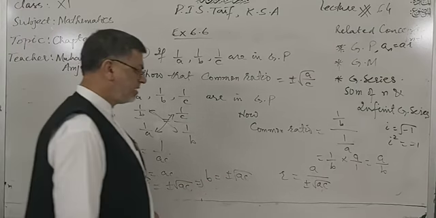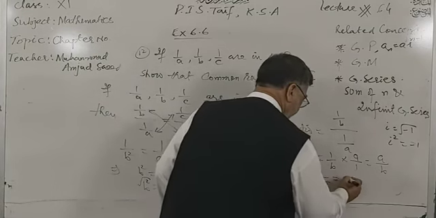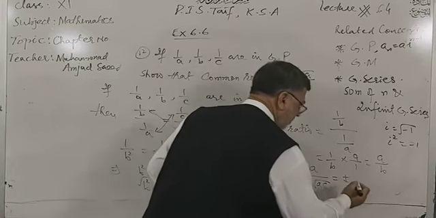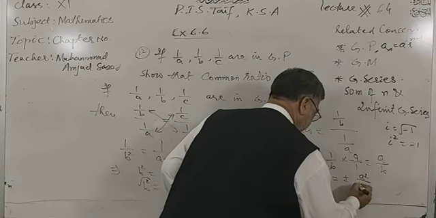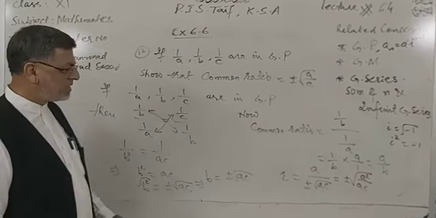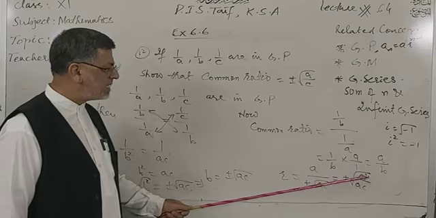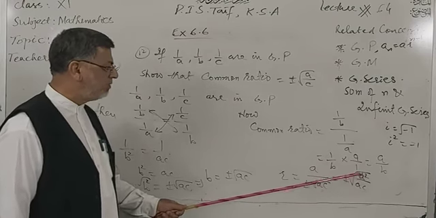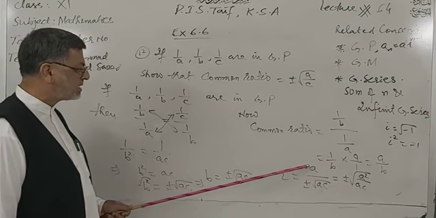Dear students, be careful. In this step, I am writing square root of A square over AC. You can check that the square and square root of A will cancel out and you will get A alone outside the square root sign.